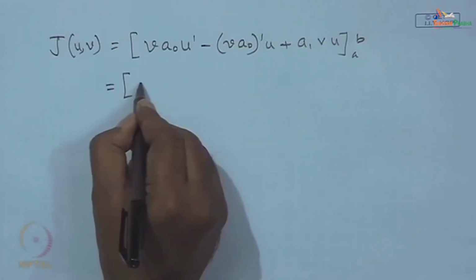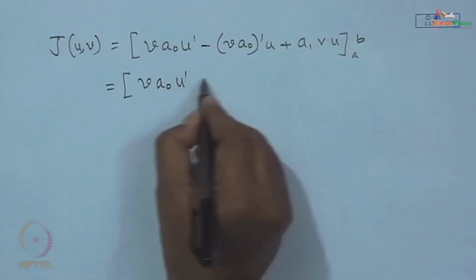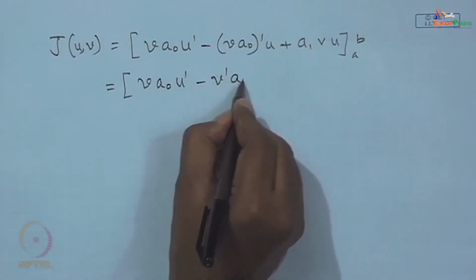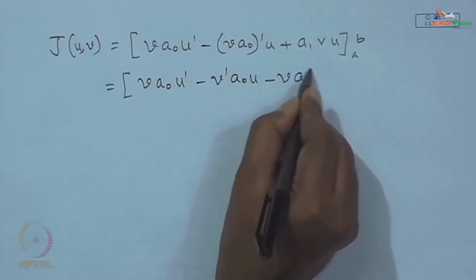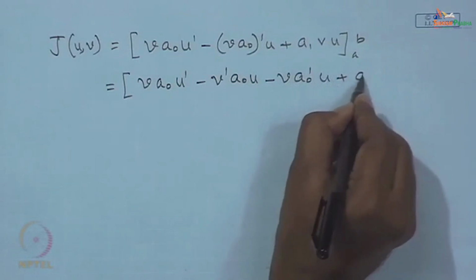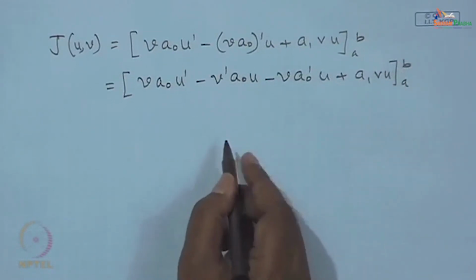So, if you just open this up, this becomes v a0 u' minus v' a0 u minus v (a0)' u plus a1 v u from a to b.